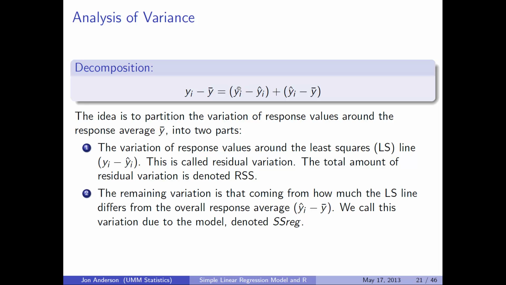It's how far the y response observation is from what we predict from the least squares summary line, and then a portion that measures the distance between the summary line and the overall average. If you look at this right-hand side, you'll see we've just added and subtracted y hat to maintain the equality. But this adding and subtracting, adding in a 0, basically produces a decomposition that is kind of helpful.